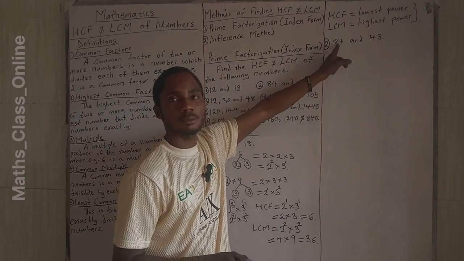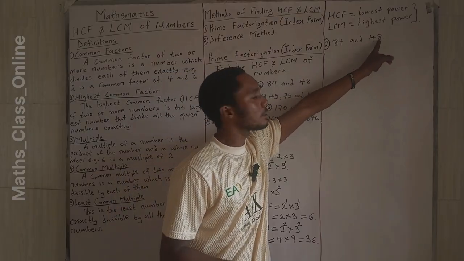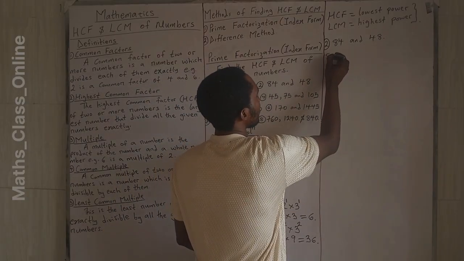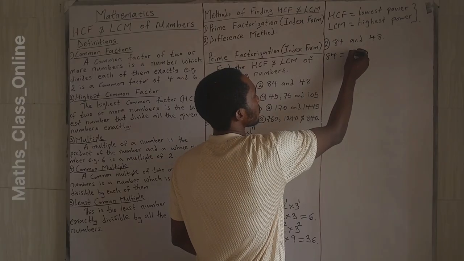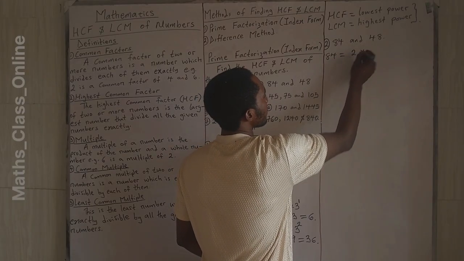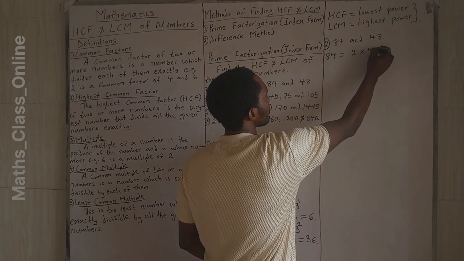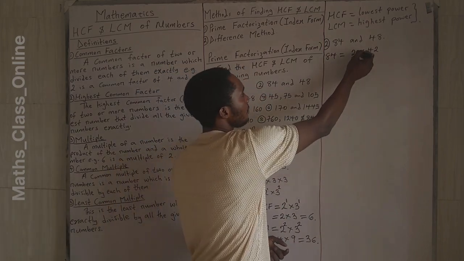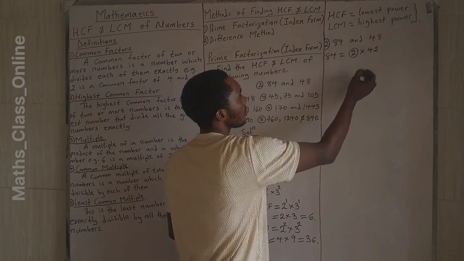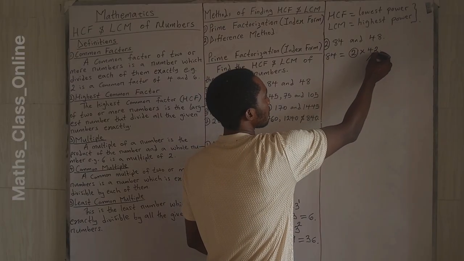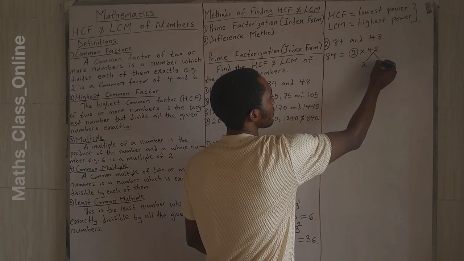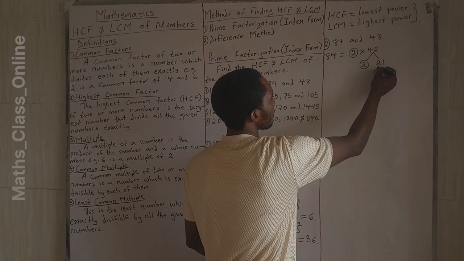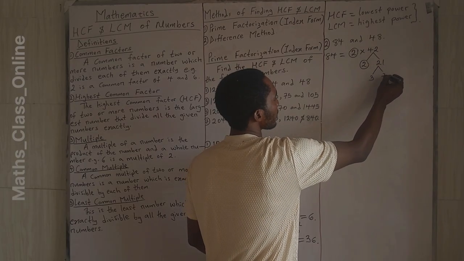Let's write this as a product of its primes, also 48 as a product of its primes. 84 is equal to 2 times 42. 2 is a prime. 2 times 21. 2 is also a prime. 3 times 7.